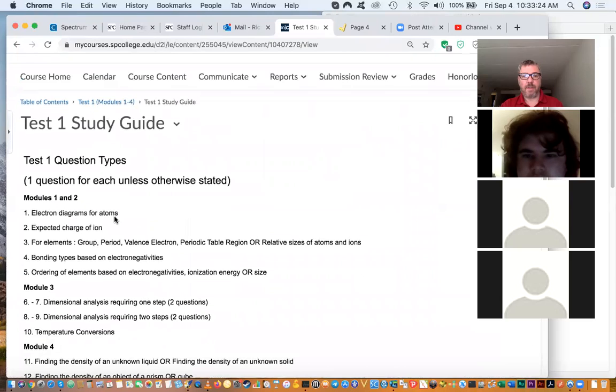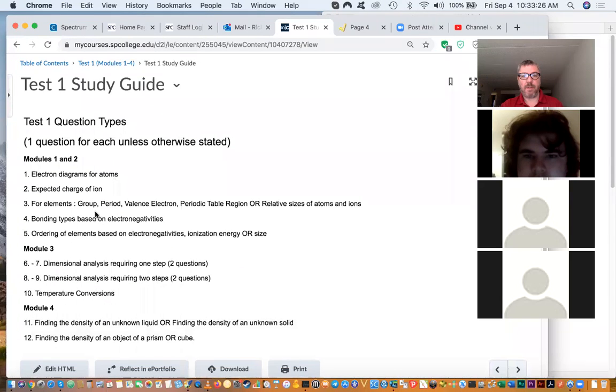It tells you exactly the kinds of questions you can expect. For number 3 here, you could be asked any of these questions: group, period, valence electron, periodic table region, or relative sizes of atoms and ions. They're all fair game for question 3. So by taking the practice test a large number of times, you get to see all those different kinds of problems.